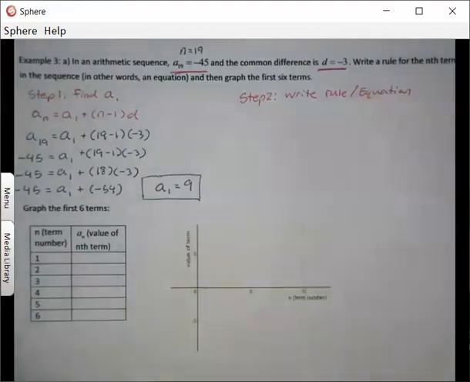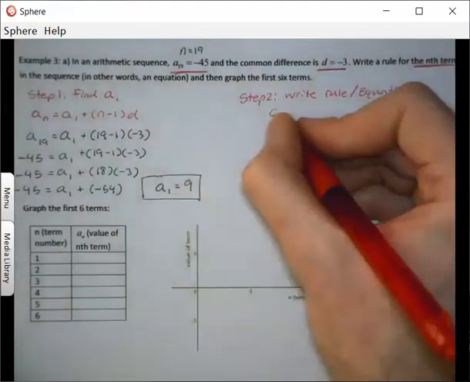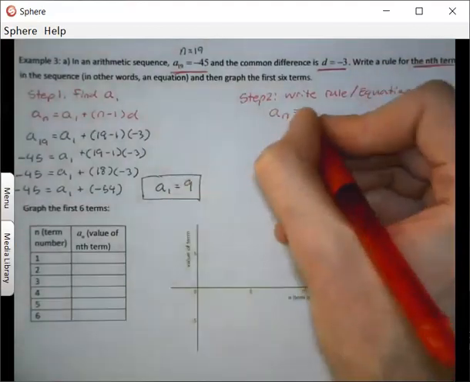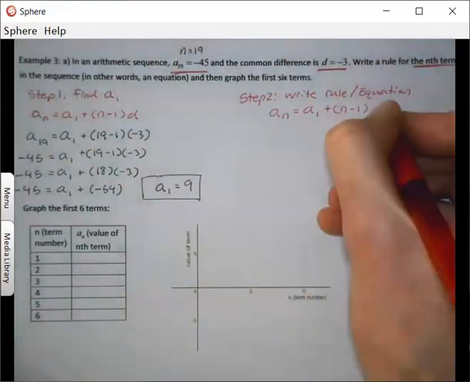And we're writing an equation for the nth term. So again, we're going to start with a sub n is equal to a sub 1 plus n minus 1 d.